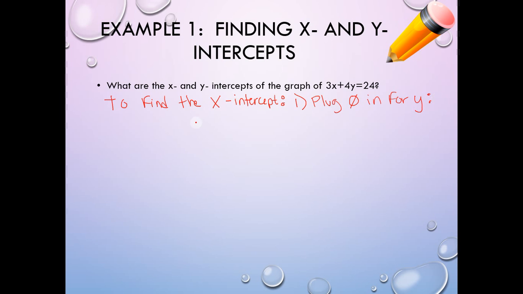Let's do that on the equation they gave me, 3x plus 4y equals 24. So where I see a y, I'm going to put a 0.